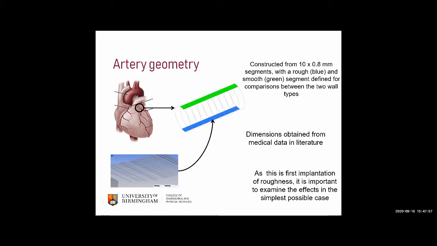What differences can we see between the two? And because this is the first time we're looking at the roughness, we need to put it in the simplest possible case. So at the top of the coronary artery, where it's nice and straight, we can see differences between the two techniques without having to rule out effects from curvature or a blockage or things like this. We need a simple test case to see the differences between the two walls there.